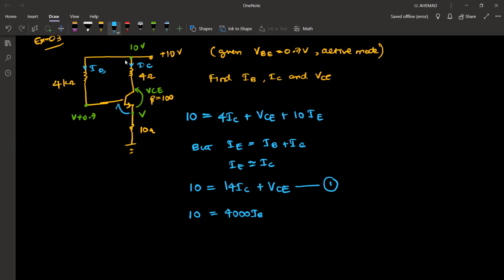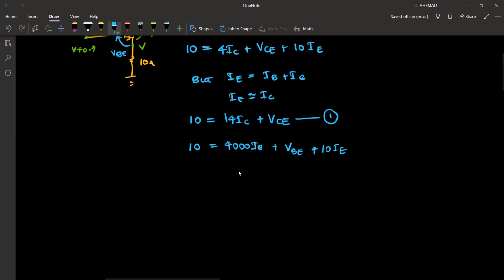Here the drop is VBE, so that is 0.7, plus again here we have 10 IE. But we can write this as 10 is equal to 4000 IB plus 0.7 plus 10 IC.